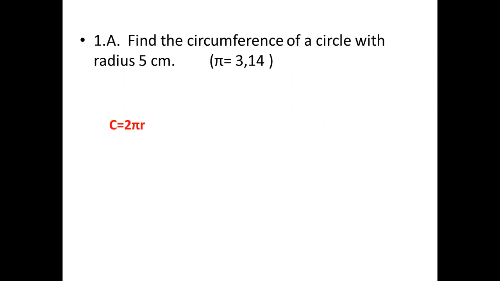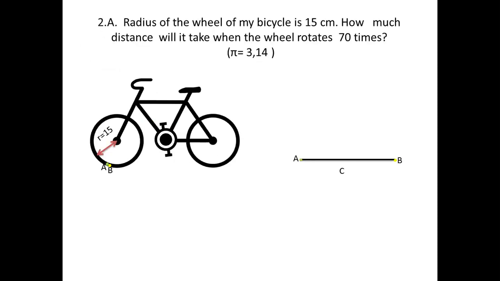I know radius and pi, so this is 2 times 3.14 times 5. To make it easier, first 2 times 5 is 10, and 10 times 3.14 is easier to calculate. It is 31.4 centimeters. Great.